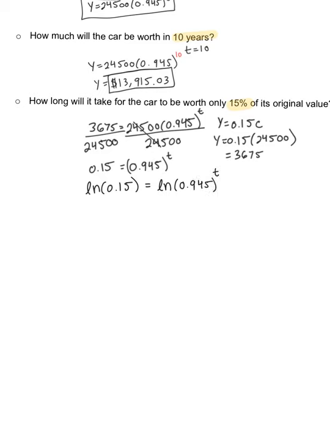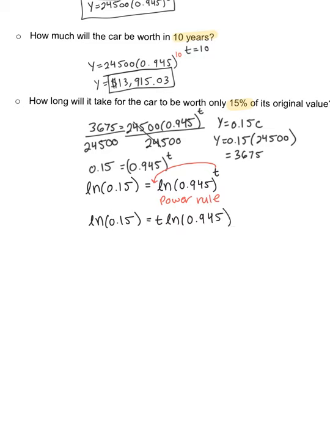And the trick I'm going to use here is the power rule. The power rule says that I can take an exponent and I can move it into the front of a logarithm. Okay, so I'm going to have the natural log of 0.15, and then using the power rule, that t is going to now be in front of the log.